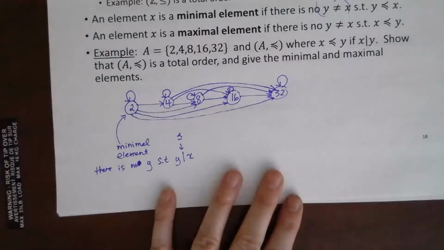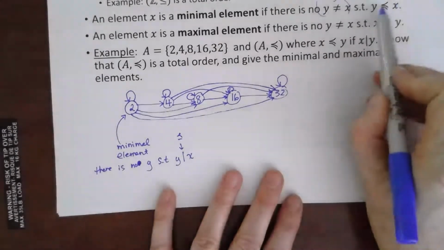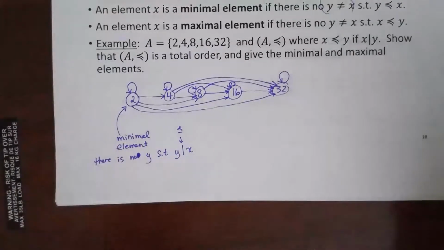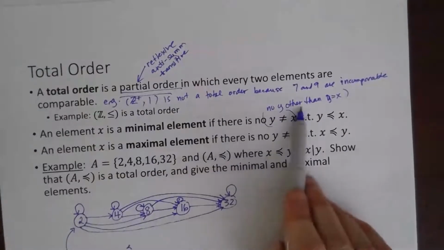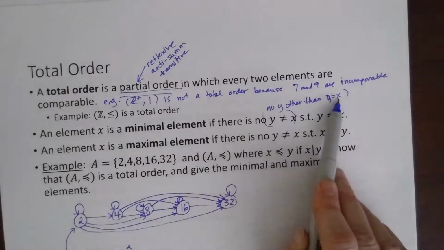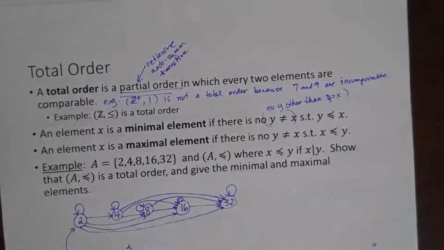Okay. So here, x is less than or equal to x. That one's true, that's the obvious one. But there isn't any other one besides x. That's what it's saying. So there's no y other than y being x itself. Okay. So that's what that's saying there.